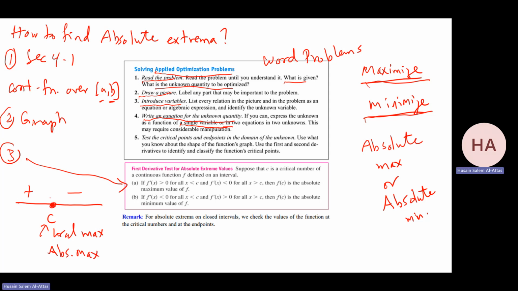I'm talking about the sign of f prime. If f prime is positive for all x less than C, and f prime is negative for all x greater than C, then it's an absolute maximum. And the same thing for the minimum. The local will become absolute if there is only one change in the sign. Okay, so these are the three methods if we want to find the absolute extrema.